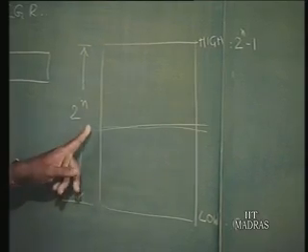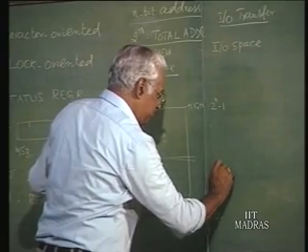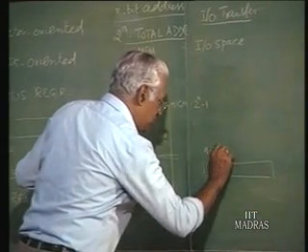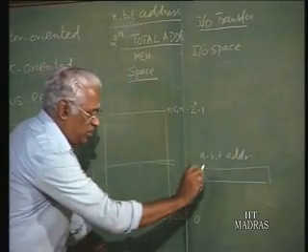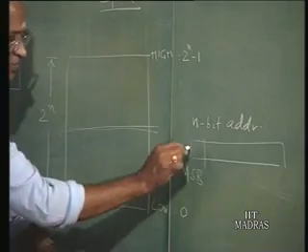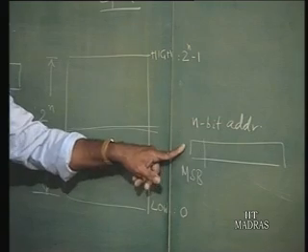Now, this n bit address, if you just see, you just take the most significant bit in this, whatever be that size, the most significant bit.